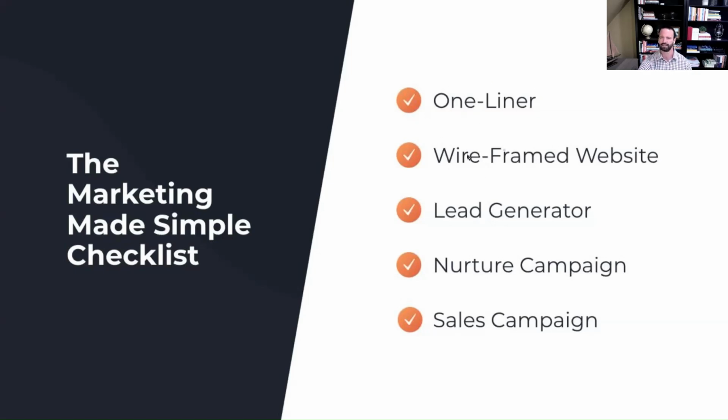Your website needs to tell prospective donors the information that they need to justify giving to your organization. A lead generator is for those potential donors that have said, you know what, I like this organization, but I'm not quite ready to start giving. I want to learn more information. This is how you get their email address so you can then nurture those relationships and then call those relationships to action. You can have them give now.